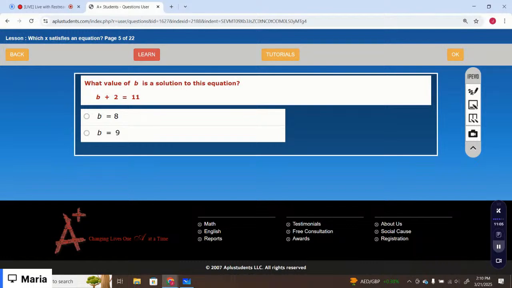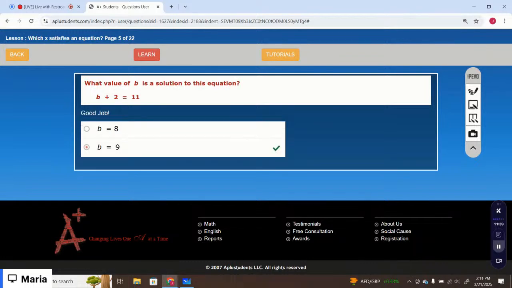What value of b is the solution to this equation? 9 plus 2 is 11. Option number 2 is the correct option. Hope you can complete the lesson by yourself later today.